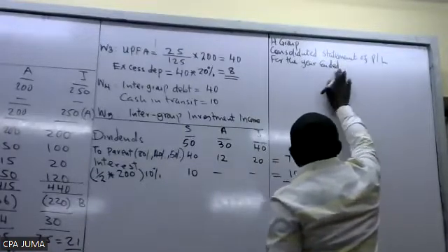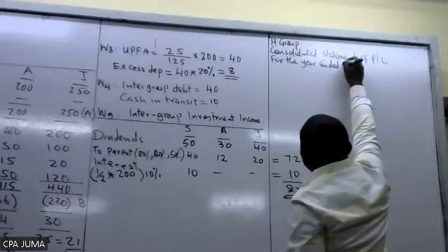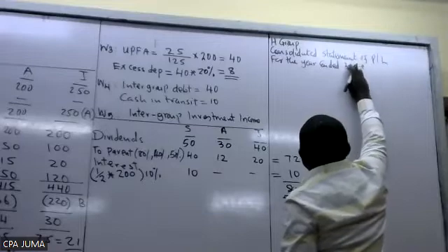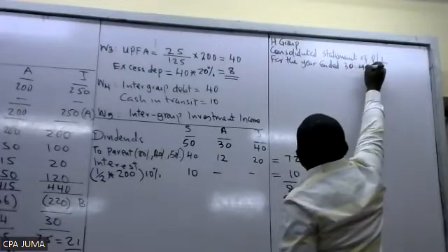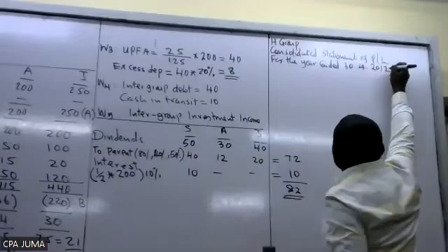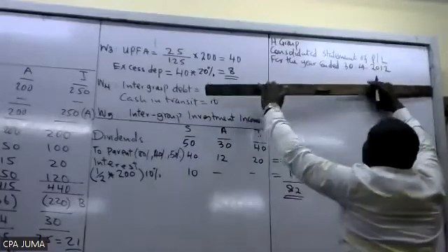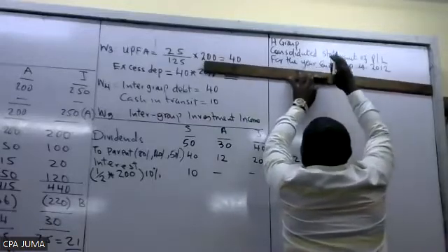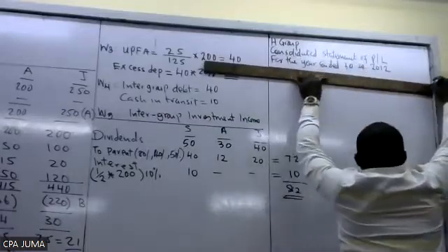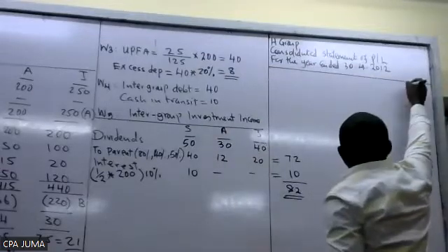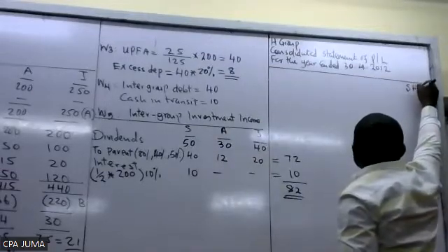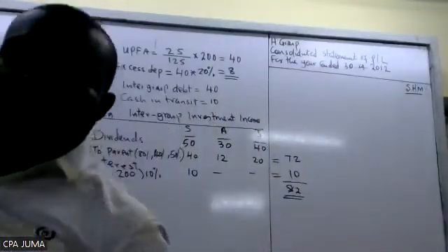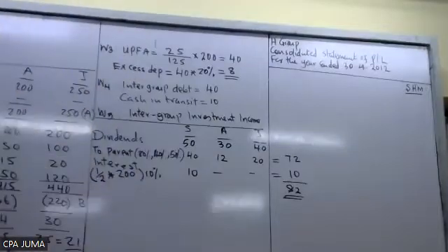Thomas, year is ending on? 30th April 2012. Correct? Shillings are in millions. So have that with one column so that we start consolidation.